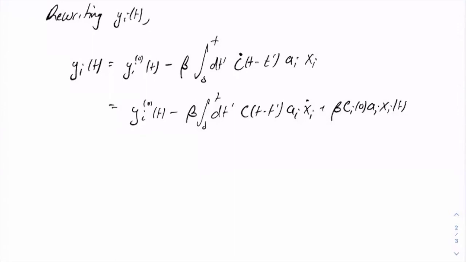Okay, so this is an equation of motion for the bath variables that we're assuming respond linearly. We could analogously write down an equation of motion for now our solute.